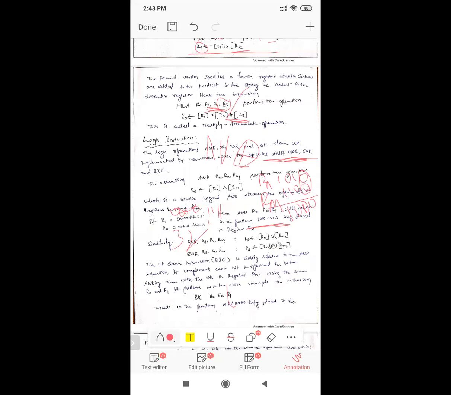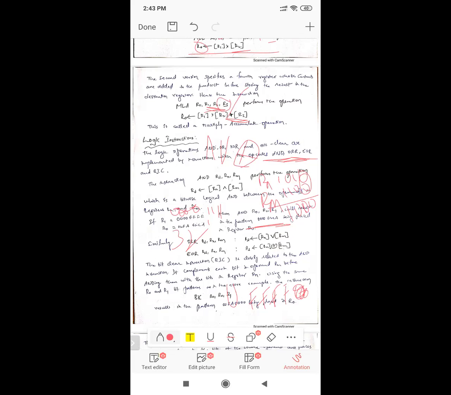Say the R1 register data is 0000 FFFF. After complement, what happens? FFFF 0000. Because ones become 0 and zeros become ones. That's why the R1 data is complemented. All zeros are converted to F and all F converted to 0.